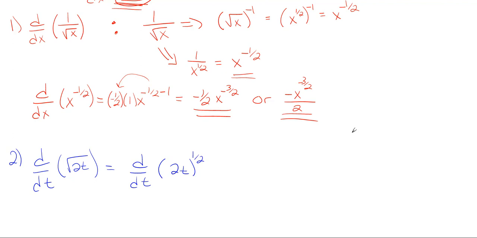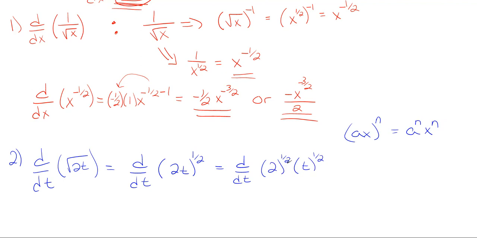And anytime you have a variable with a constant to some power of n, that is essentially the constant to the power of n times your variable to the power of n. So we are going to have 2 to the 1/2 power times t to the 1/2 power.